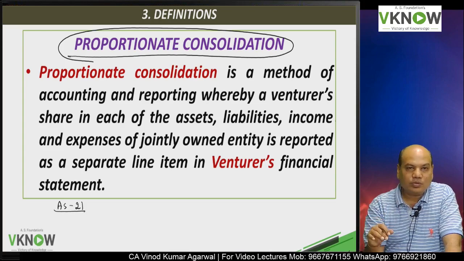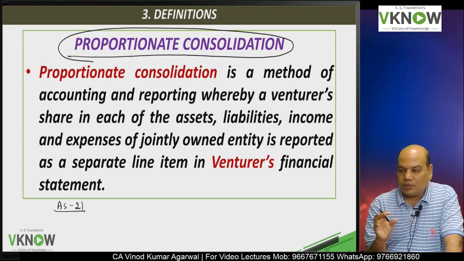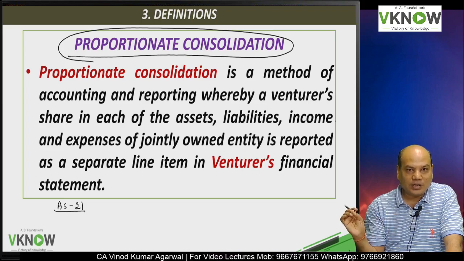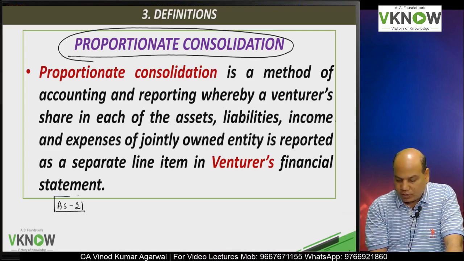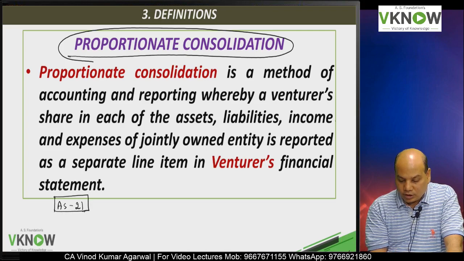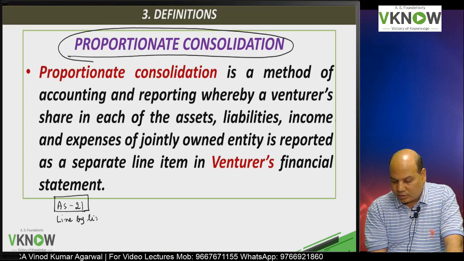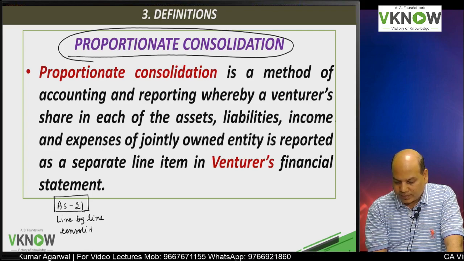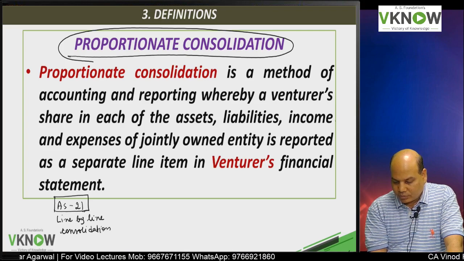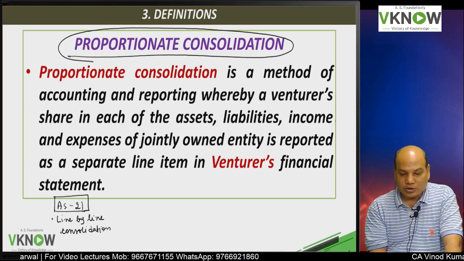If you directly come to AS27, you may find it a little difficult at certain places. So we have AS21. In AS21, we follow line by line consolidation. What is line by line consolidation?